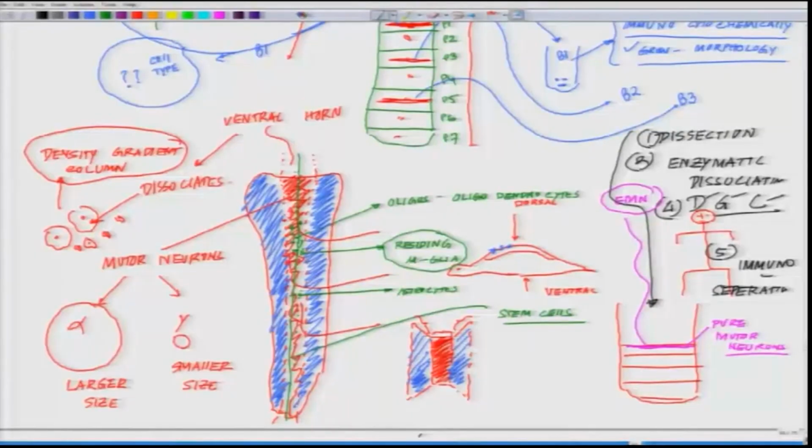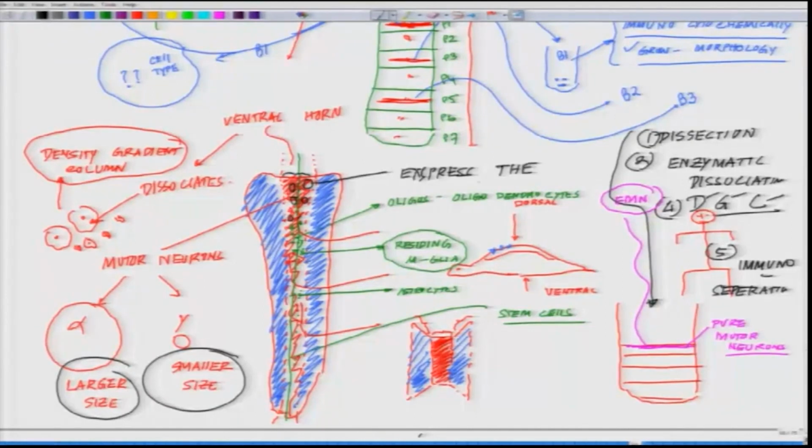Yes, in the ventral horn motor neurons, I told you that you have two types, the larger size and the smaller size, but what is important here that I wanted to highlight is that these large motor neurons express that unique extracellular marker or unique antibody specifically at around E14, embryonic day 14, and after that all the cells here express it.